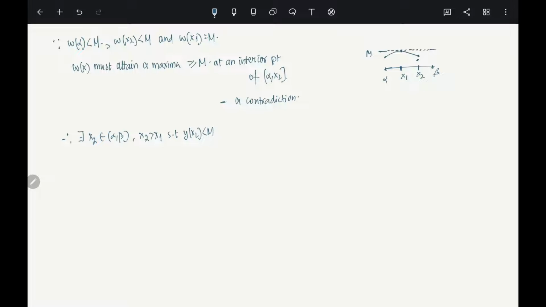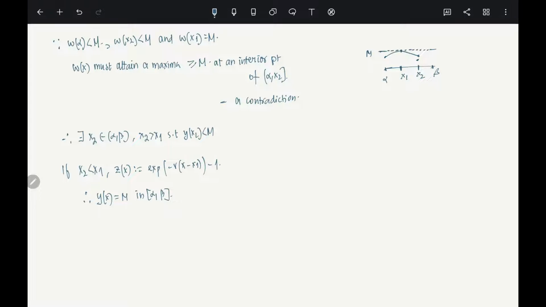Then we can do a similar sort of analysis, but z of x we have to set a little bit differently. It will be exponential of minus gamma times x minus x1, minus 1. And you can do a similar sort of argument, and you can show therefore that y of x has to be identically equal to m in alpha beta.